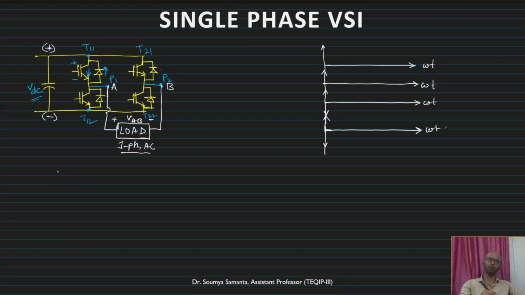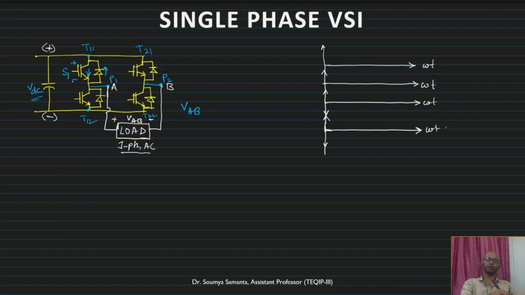Then we saw what kind of output voltage we will get. Suppose here the output voltage is VAB. Now we have derived the 4 states of the switch.